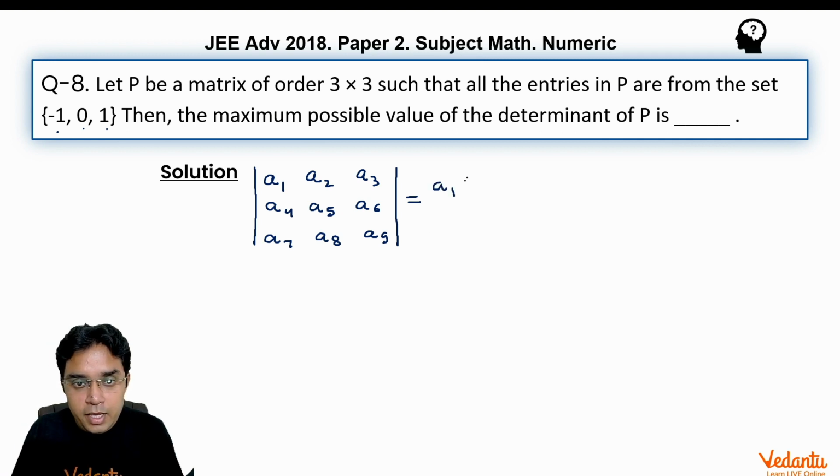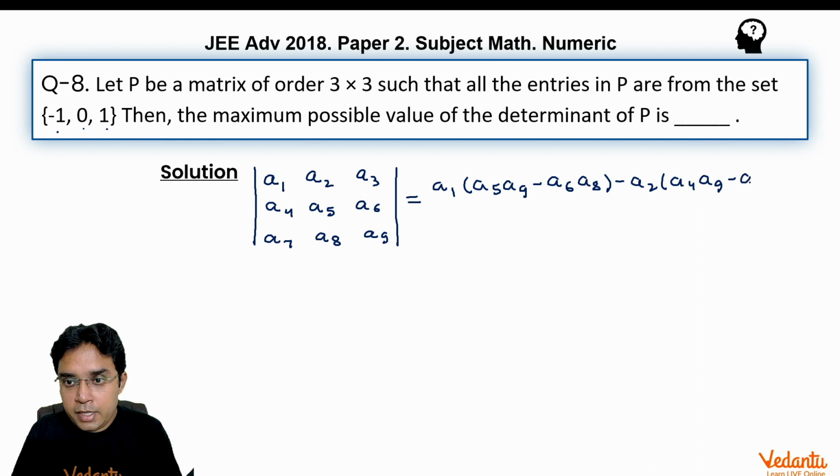So this will be A1 into (A5 A9 minus A6 A8) minus A2 into (A4 A9 minus A6 A7) plus A3 into (A4 A8 minus A5 A7).